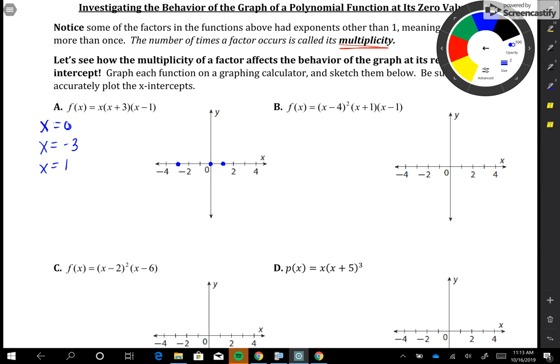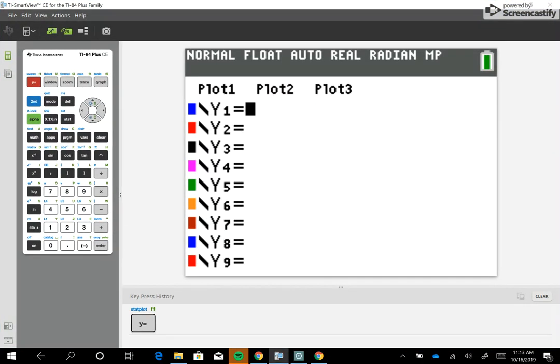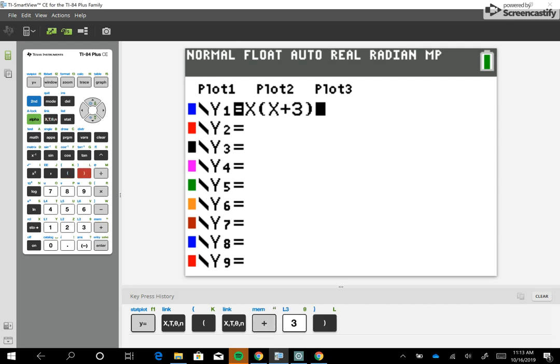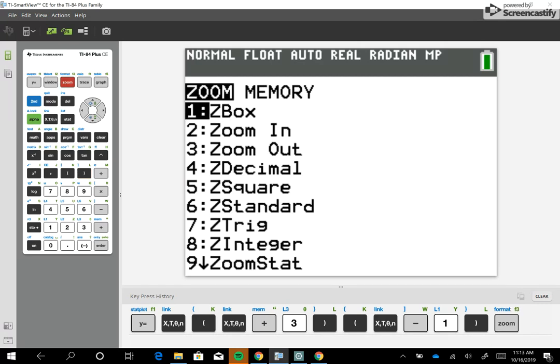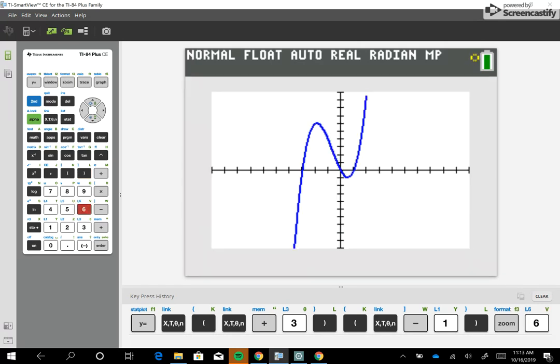So if you have your graphing calculator at home, you should pull it out and graph this with me. Okay, so I'm going to go to my y equals, and I'm going to type x times x plus 3 times x minus 1. And I'm just going to press zoom 6 to look at a standard window.